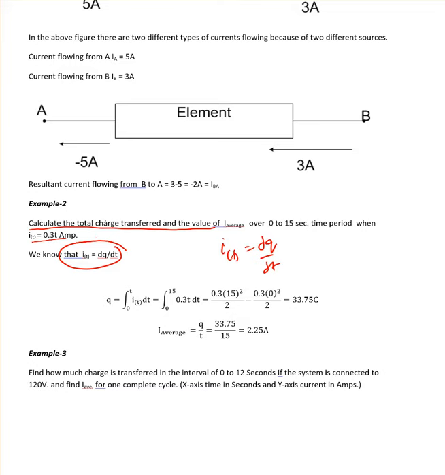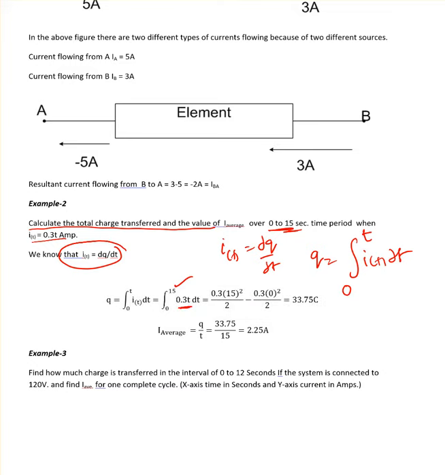So the question is asking about how much charge is transferred in 15 seconds. So q equal to integral of i of t dt from 0 to t. Here he gave us the upper limit and lower limit. Lower limit is 0, upper limit is 15, and i of t is 0.3 t.